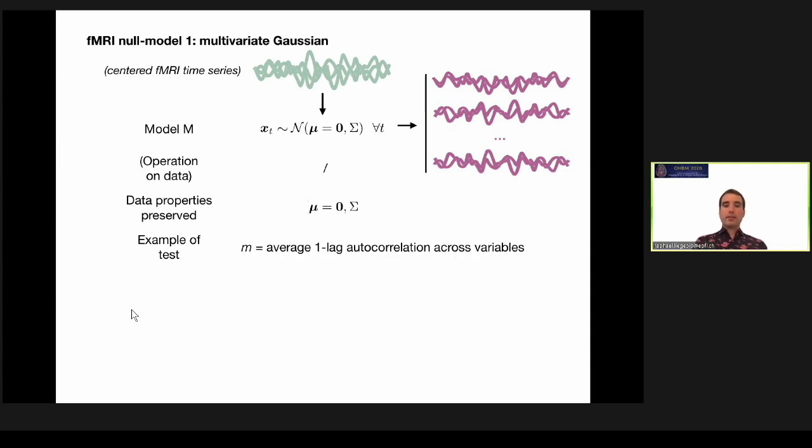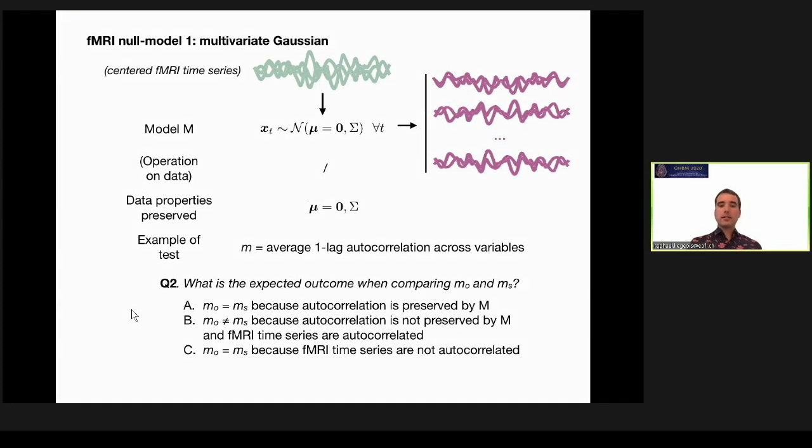An example of a test that we could perform here to test the difference between original and surrogate data is, for example, to compute M defined as the average one-lag autocorrelation across all variables, so across all ROIs. What will be the expected outcome of this test?